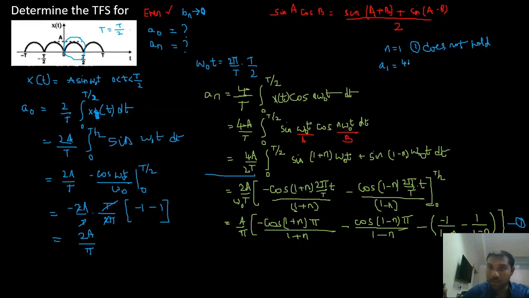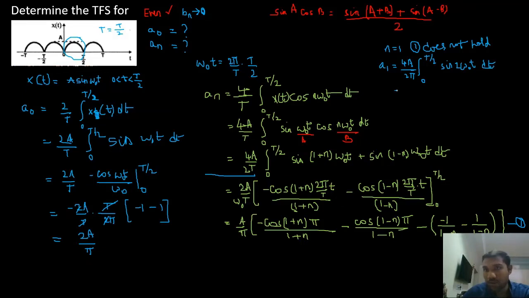It is 4A by 2 pi, 0 to T by 2, sine n plus 1 is 2, sine 2 omega naught t, right? When n is equal to 1, this term goes to 0. So that's it.